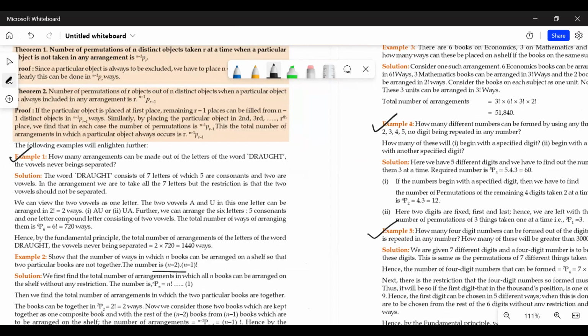Example 2 we have already discussed, right? Never together, we have discussed already. This Exercise 5A, we have done one numerical also on this. These all are good questions.